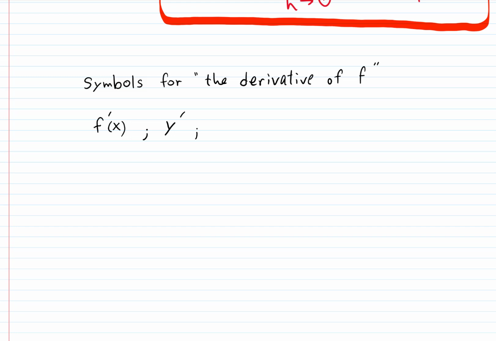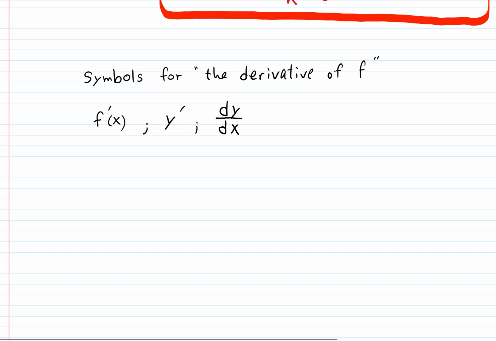But there are other symbols that you'll see sometimes too. Like this one, which I'm not going to explain right now, but I'm just writing it down for you because you'll see it sometimes. dy over dx. I will explain who came up with that symbol and what their reasoning was later. And another symbol would be, since y is the same thing as f of x, you can also see df over dx.